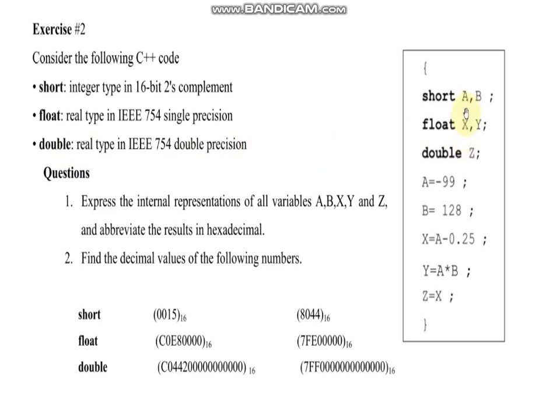In this program, we have declared 2 variables of short, 2 variables of float, and 1 variable of type double. A receives minus 99, B receives 128, X receives A minus 0.25, Y equal A times B, and Z equal X. Question: express the internal representation of all variables.